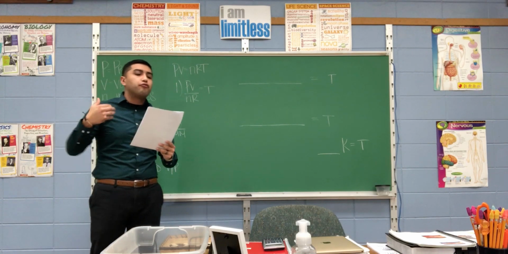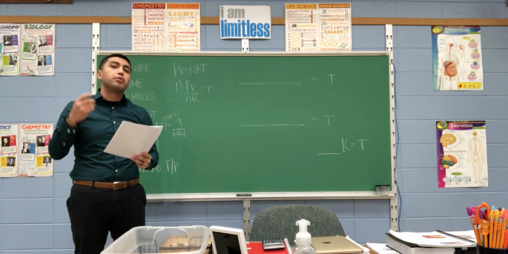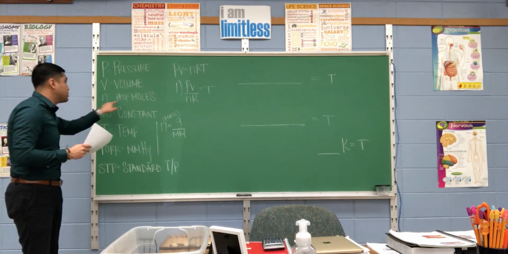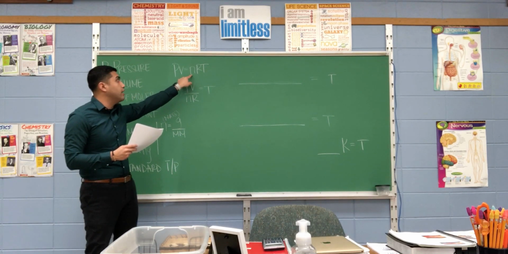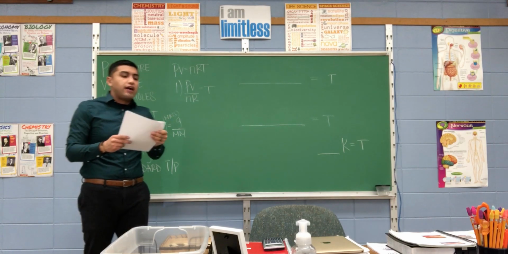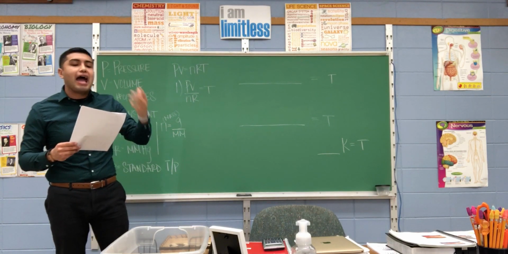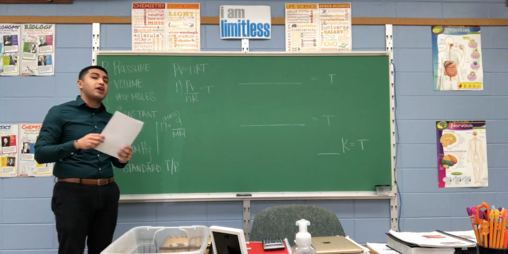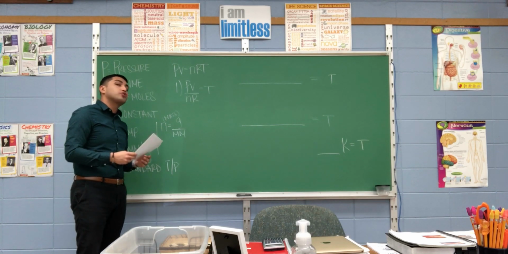It says if I have 4 moles of a gas. Now remember, n is number of moles, so your n is already given. You don't have to solve for it. It says if I have 4 moles of a gas at a pressure of 5.6 atmospheres. Again, pressure is also given to you.